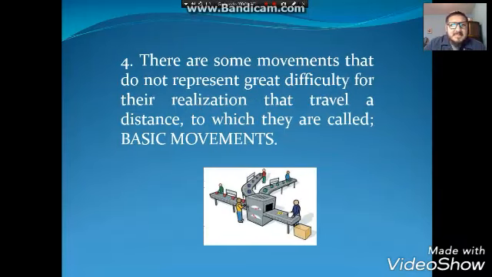Number 4. There are some movements that do not represent great difficulty and travel a distance, which are called basic movements.